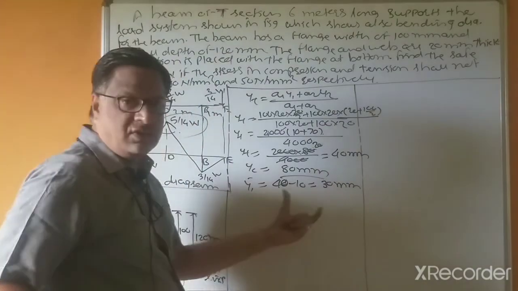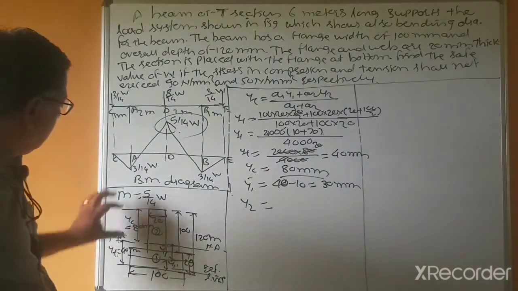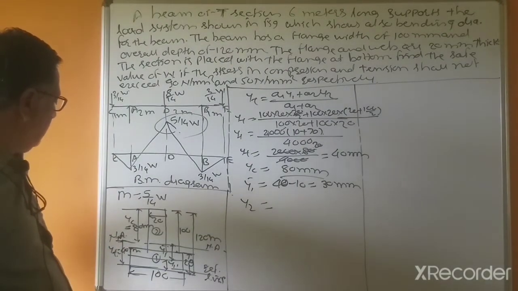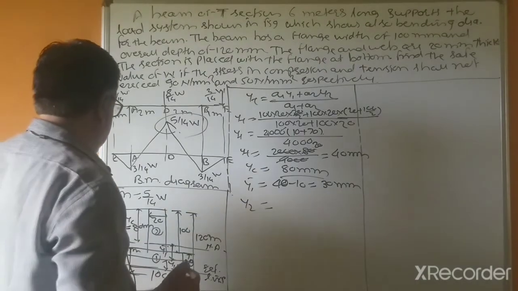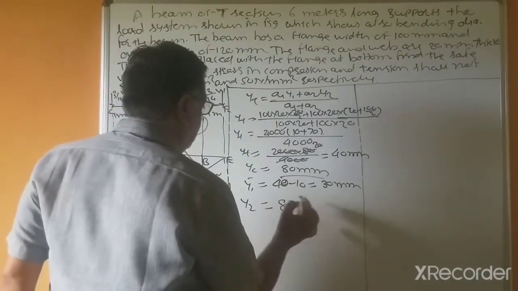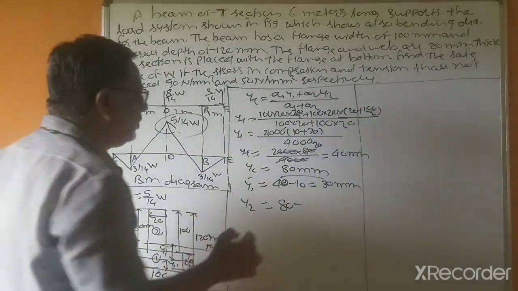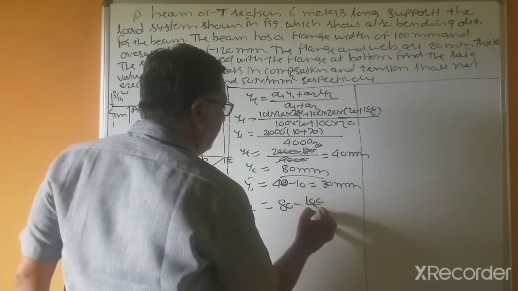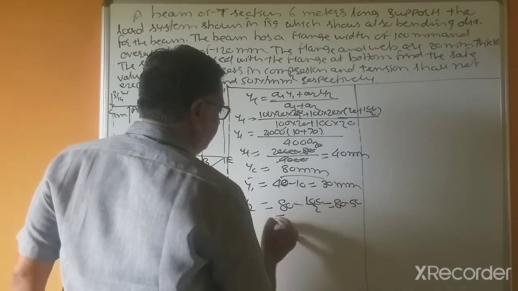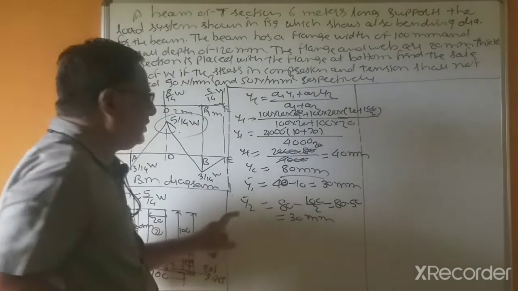For understanding purpose I am writing this. y2 bar equal to, now total 100 means 80, because this total is 80, minus this total 100 divided by 2, so 80 minus 50. So this is y2 bar.